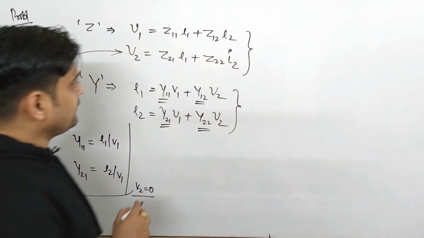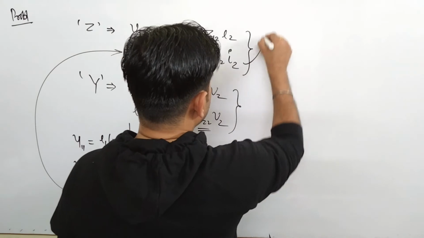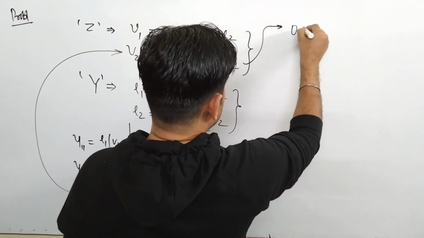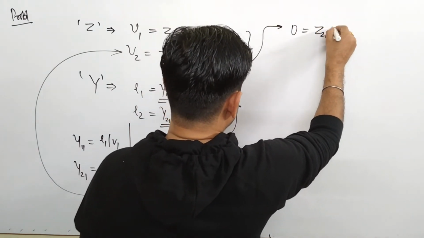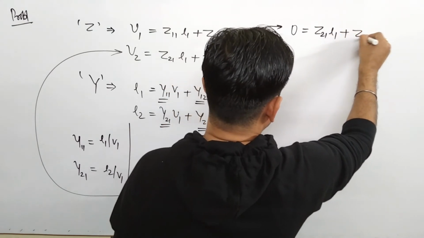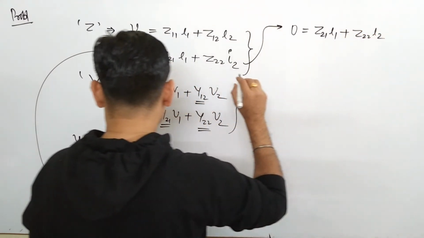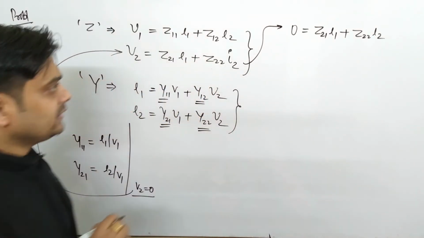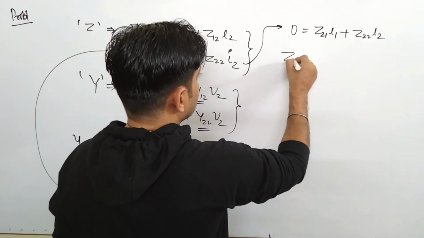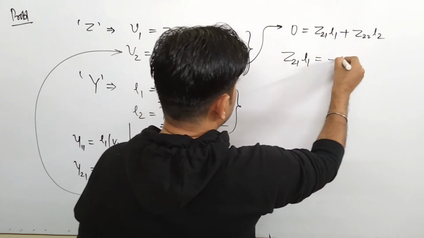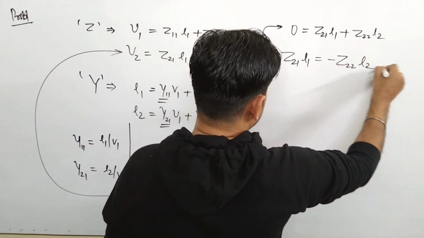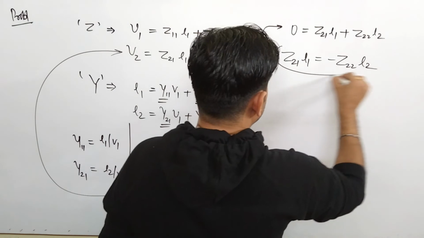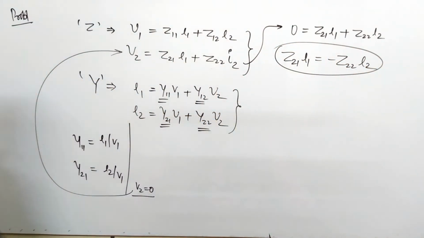Once you put V2 as 0, what happens here? This comes to be 0 equal to Z21 I1 plus Z22 I2, or you can say that Z21 I1 is equal to minus Z22 I2. This is one equation we have identified here.